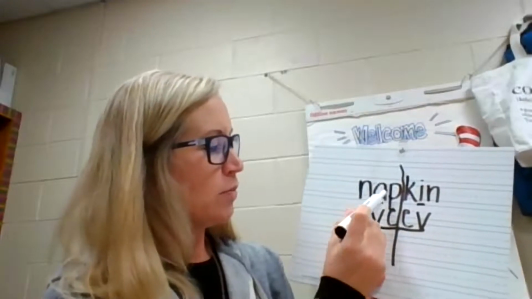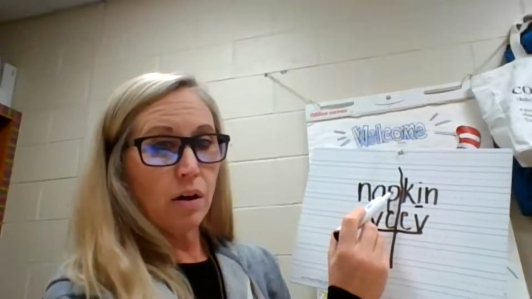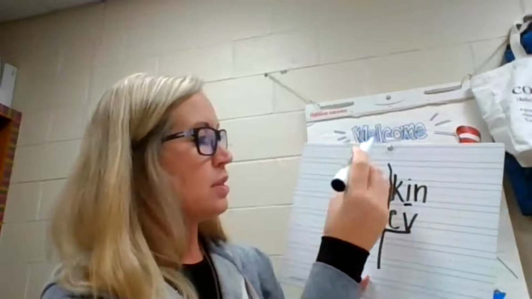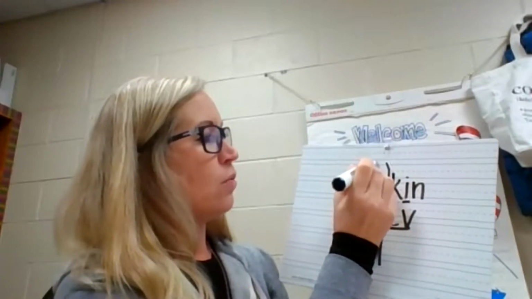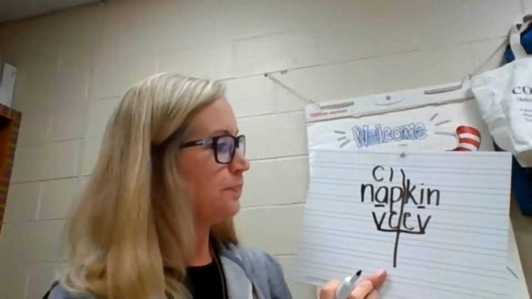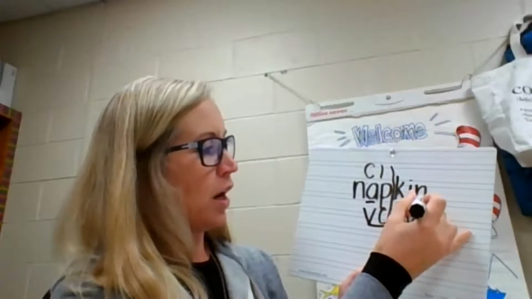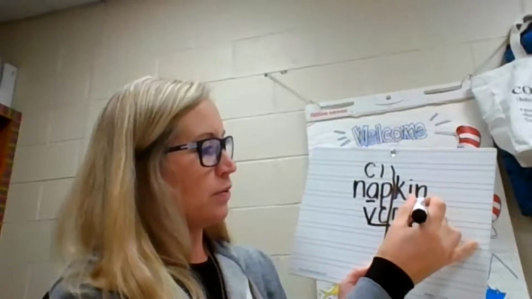Now I'm going to go back up to my word and I'm going to mark it. Look here. I've got a vowel followed by a consonant. Oh, I know that. It's a closed syllable. And I know when there's a closed syllable, it has a short vowel sound. Let's go to the second part. I see a vowel, and then I also have a consonant following that vowel.